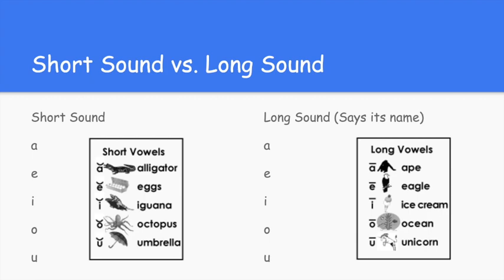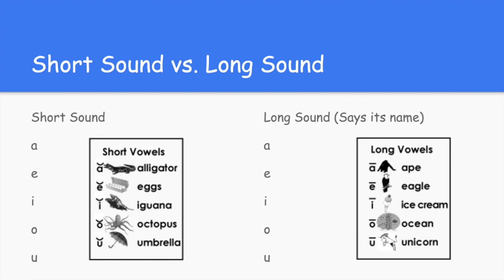The sound that we've learned is the short vowel sound. So that's like when A sounds like A in alligator, when E sounds like E in eggs, I sounds like I in iguana, O sounds like O in octopus, and U sounds like U in umbrella.